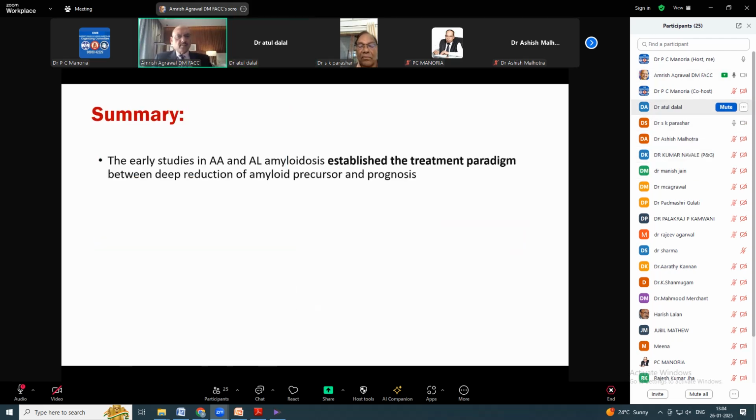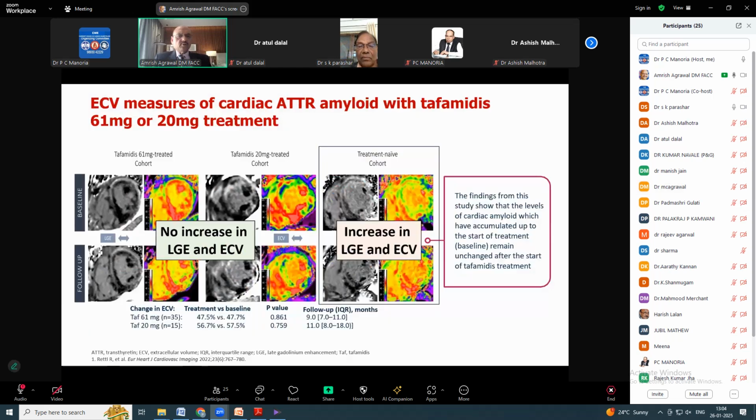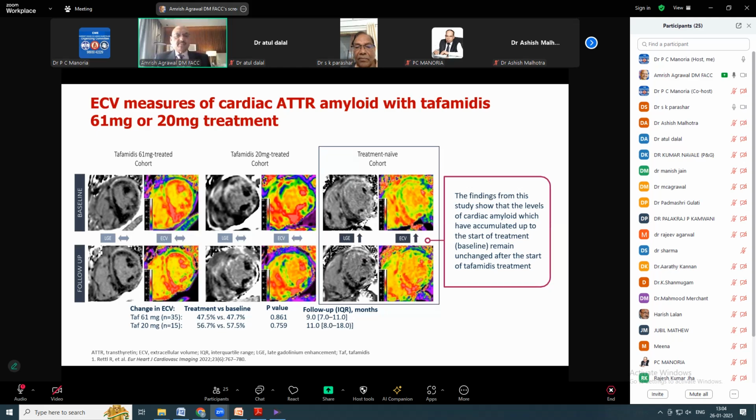I come to the end of the talk by giving one more point: how do you monitor the patient long-term by cardiac MRI? One way is by changes in the extracellular volume. For example, in the patients who didn't receive treatment, you can see a gradual increase in the late gadolinium enhancement and the extracellular volume in T1-weighted cardiac MRI.